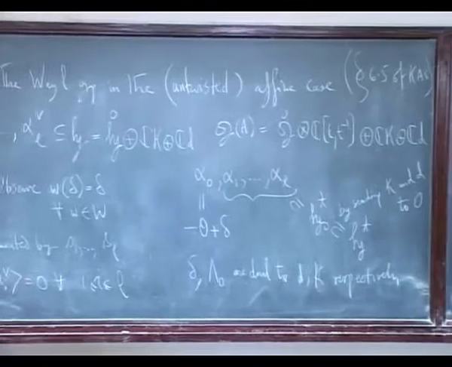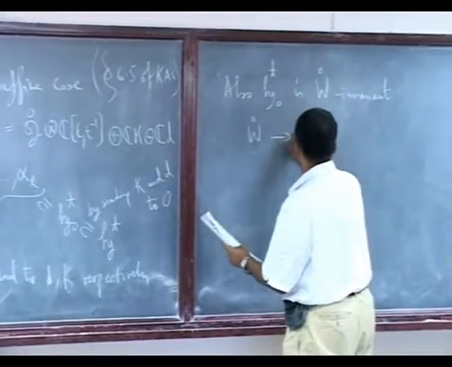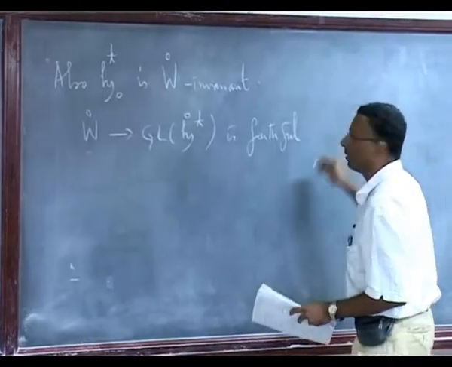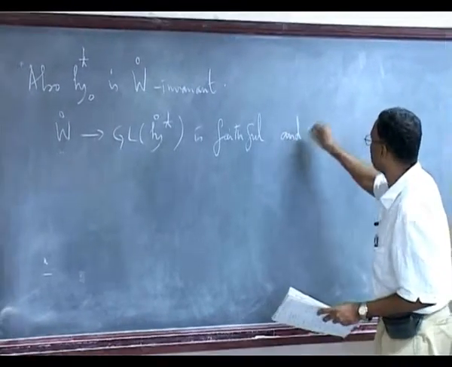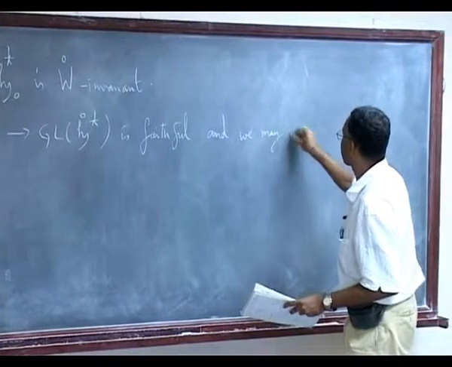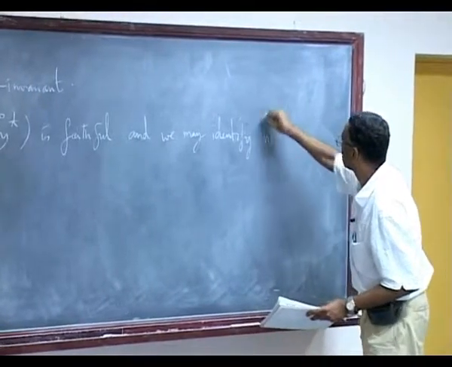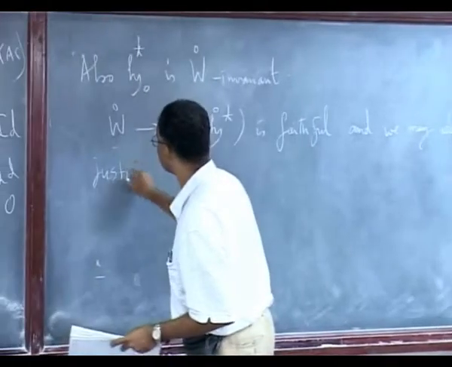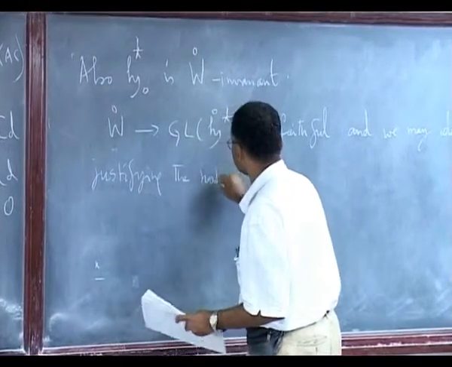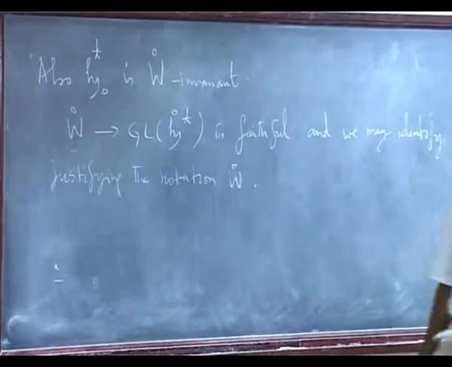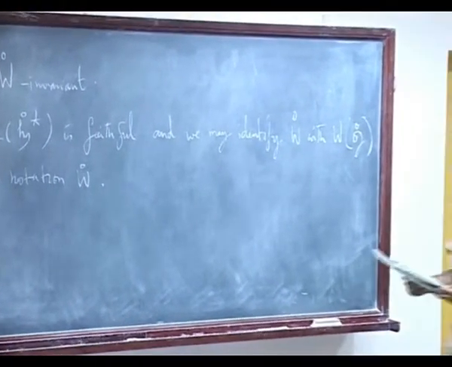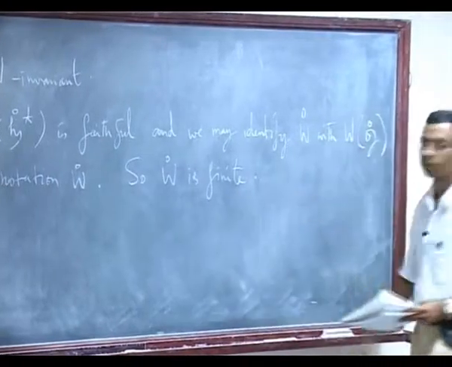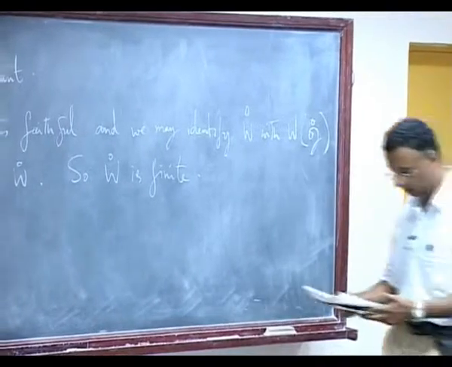So what I get is that W naught to GL(H naught star) is faithful, and I can identify, and maybe this takes just a little bit of observation, but I will just say it, we may identify W naught with W of G naught, thus justifying the notation. So in particular, this is finite.